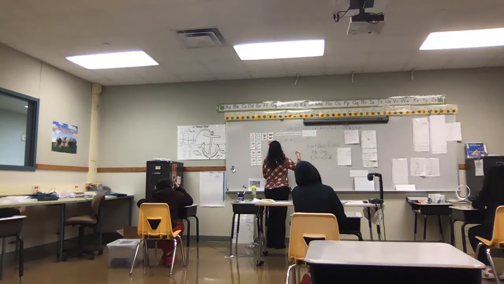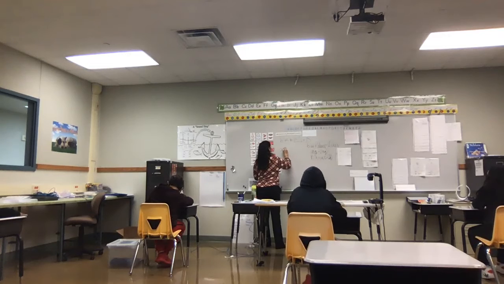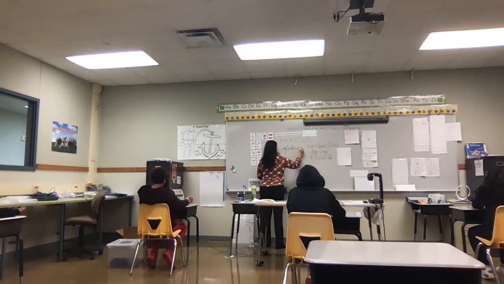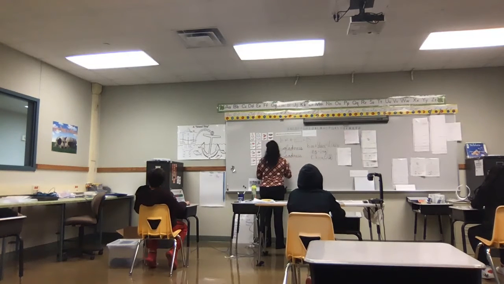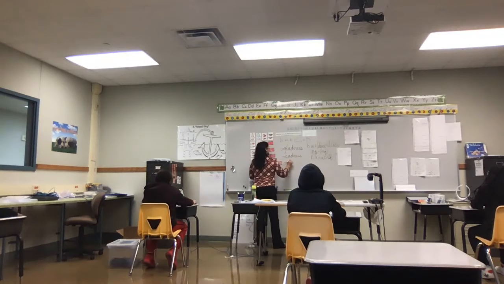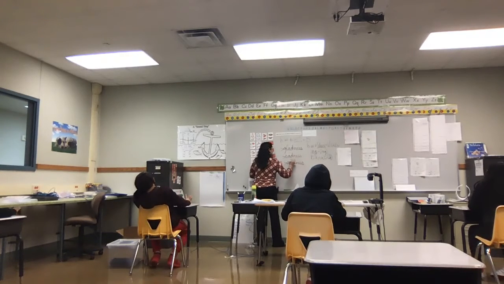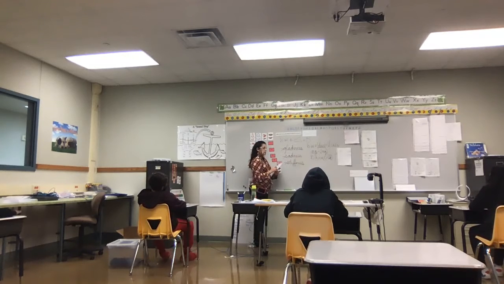Again, I want you to tell me what letters you see alike at the end of these words. Gladness, sadness, stiffness. What letter or letters do you see at the end of these words?